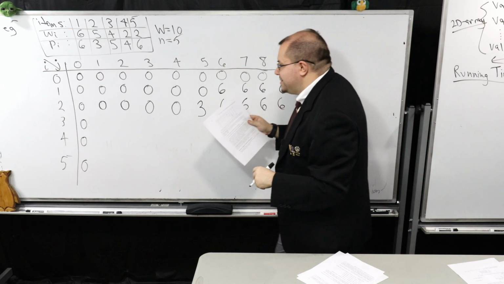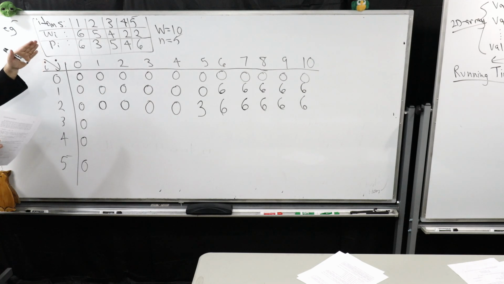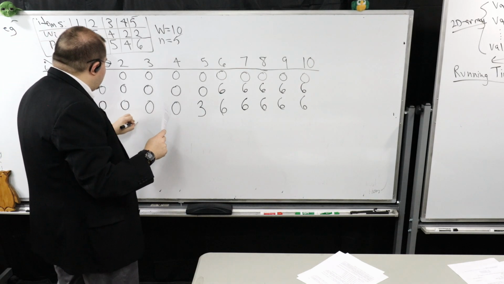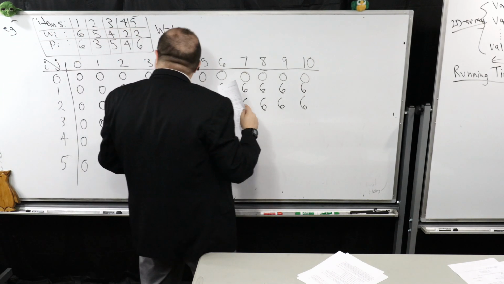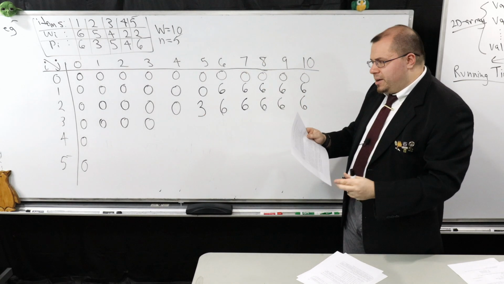And then you consider this next row, and you would keep doing this. Notice that the weight of this one is 4, so these are all going to be 0 because there's most certainly no way I can fit that in. Everybody get the general idea here?